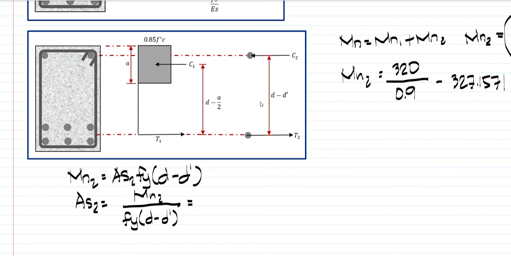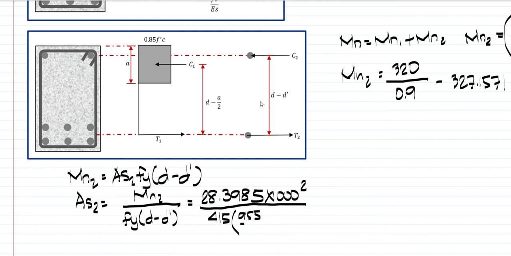Our Mn2 is 28.3985 times 1,000 squared, to convert to newton mm, divided by 415 times (955 over 2 minus 145 over 2).